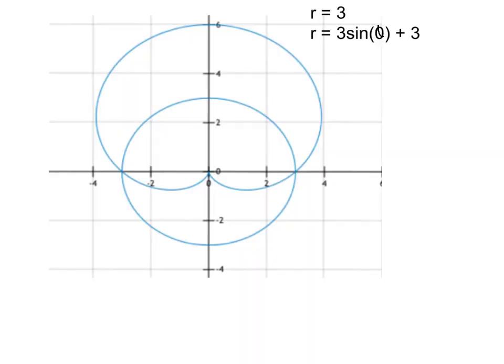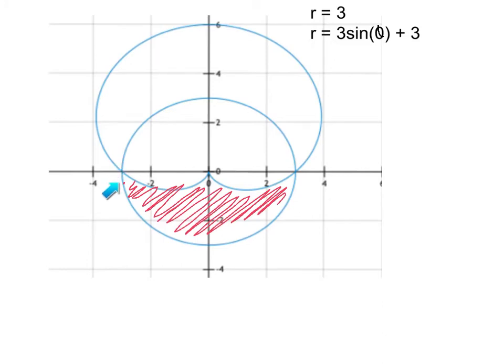Now another area you could want to find here, same two shapes, is this. And thinking about this again, it's like a windshield wiper, as you say, well, I have to sweep from here around. r equals 3 actually gives us the bigger angle. Well, this is pi, and this is 2 pi.